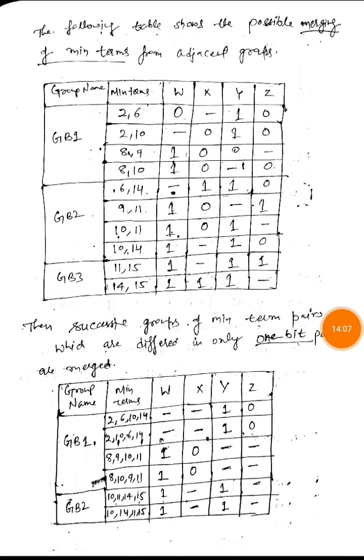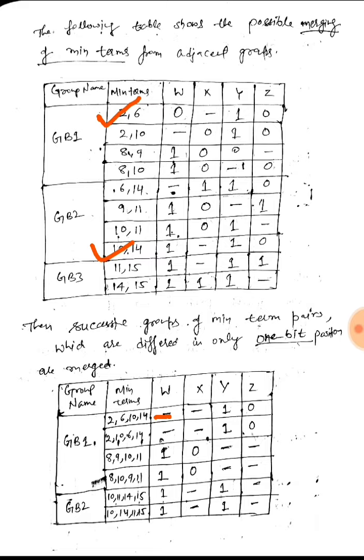So we can see that in 2, 6 and 10, 14 there is a change of only one bit, that is in w, so I will put a dash in w and the other things would remain the same, that is dash 1 0.